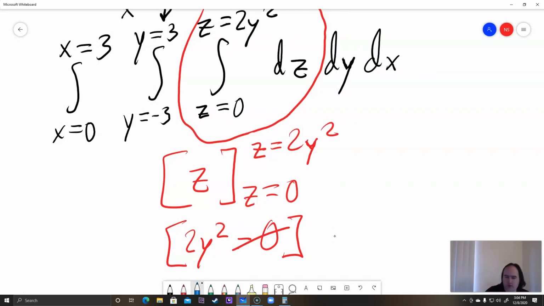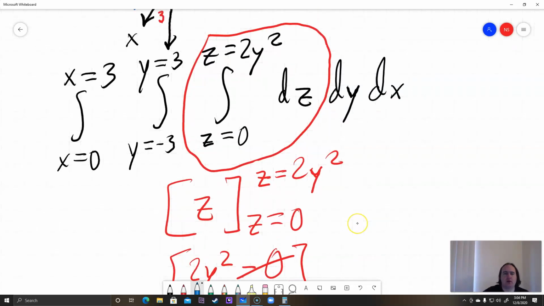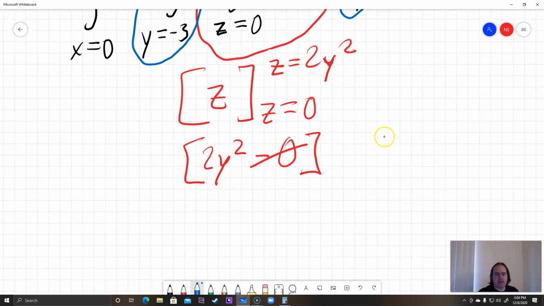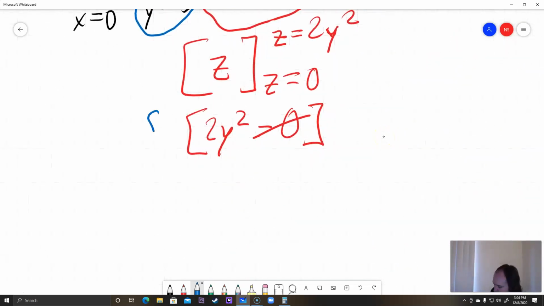And then for our middle integral, we're going to be evaluating y from negative 3 to 3 dy. So we're integrating dy. Okay, so we're doing the integral from negative 3 to 3 of 2y squared dy. And here we can just use the power rule. So we add 1 to the exponent and we divide by the new exponent.